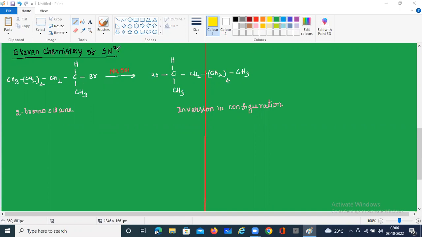In the stereochemistry of SN2, this is the substrate, we know that, and this is the nucleophile. When the two molecules combine, first the transition state happens, isn't it? In the transition state, one is formation of bond and another is breaking of bond. So here in SN2, bromine is the leaving group, whereas OH minus is the attacking group. Where is the attacking group in the product, beta? Here is the attacking group. Before going to know that, can you observe this carbon? Simply here for this carbon I am giving an asterisk.